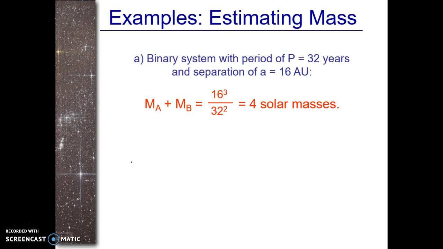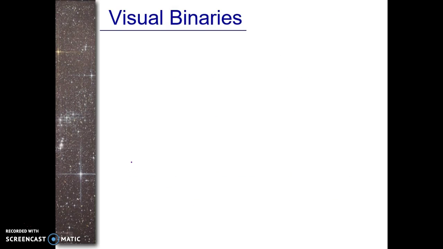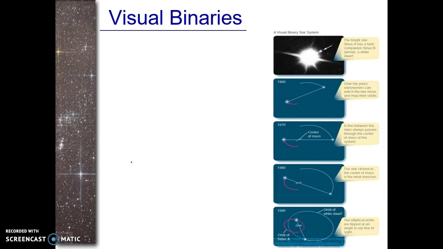And 32 is P, the orbital period. You divide those, and you end up with 4 solar masses. So the mass of that system would be 4 solar masses. Then you could use other things to help you estimate the mass of the individual stars in it.